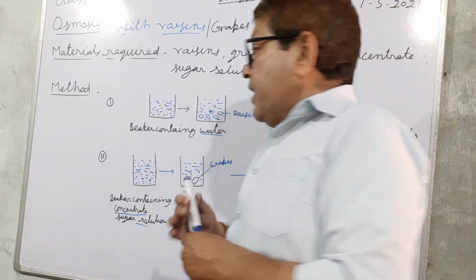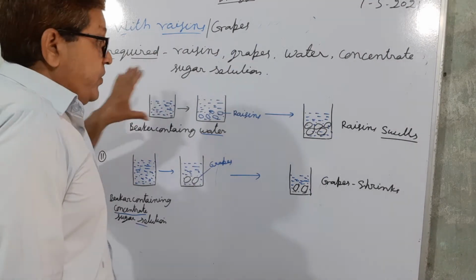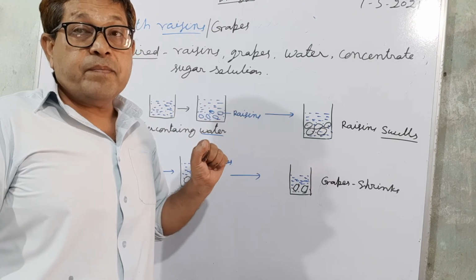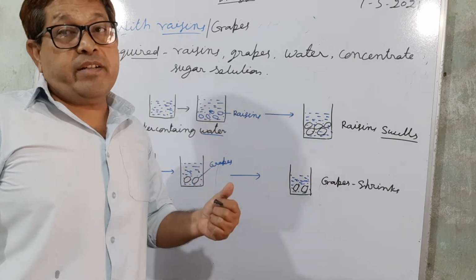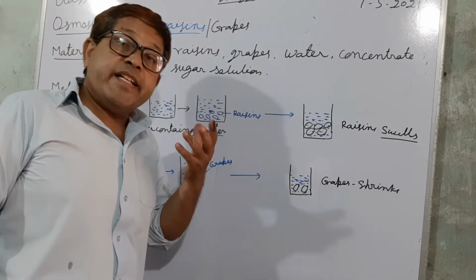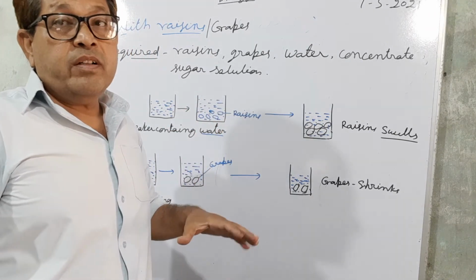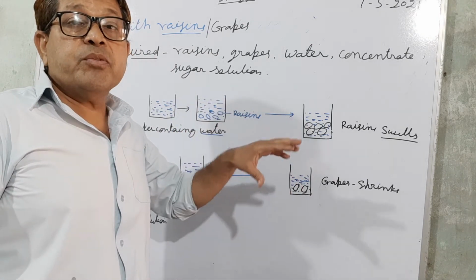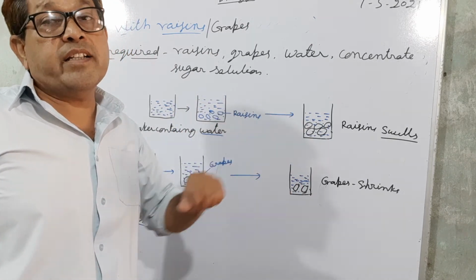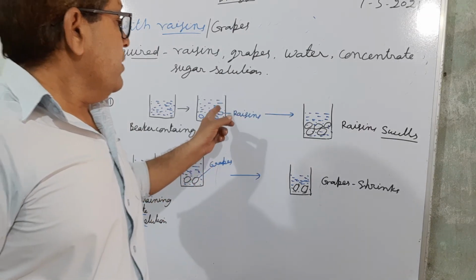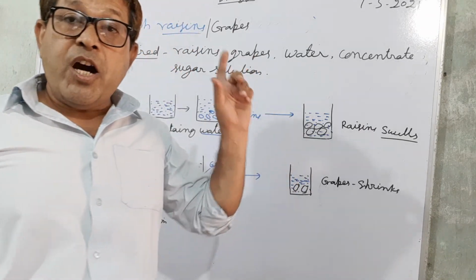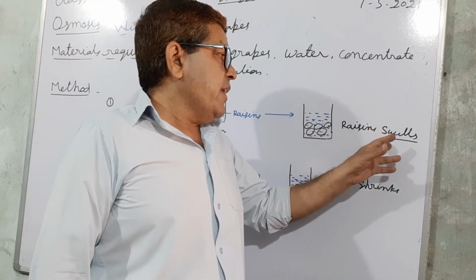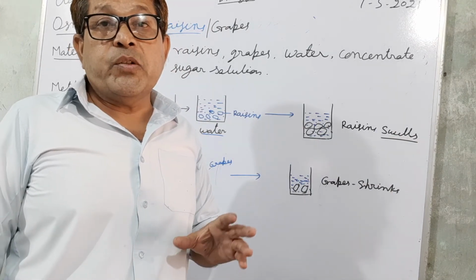How does this happen? In the first experiment, outside there is pure water, and the concentration of water is more outside in comparison to the inside of the cell or inside the raisin. That is why water moves from outside to inside the cell, and that is why the raisin swells.